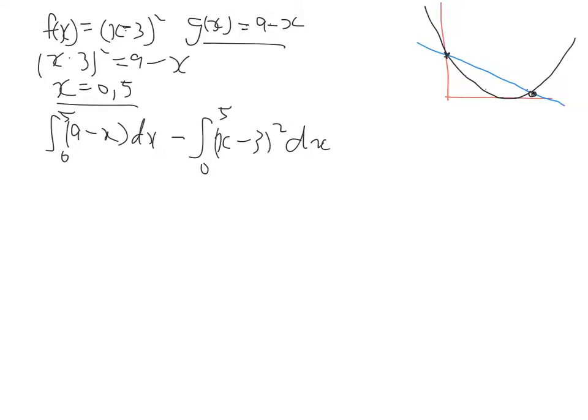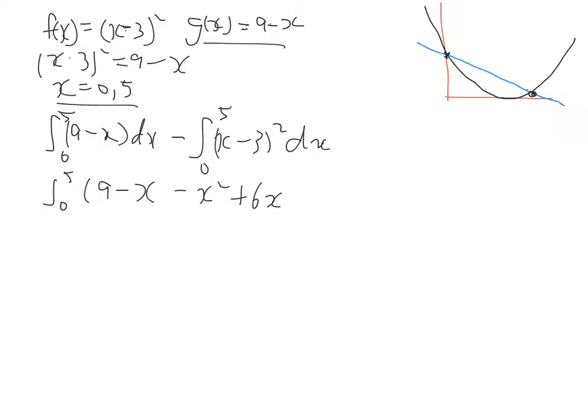Because we're subtracting, we can put this all in one integral from 0 to 5, and then we'll end up with 9 minus x. We expand this, and we end up with minus x squared plus 6x minus 9, dx.